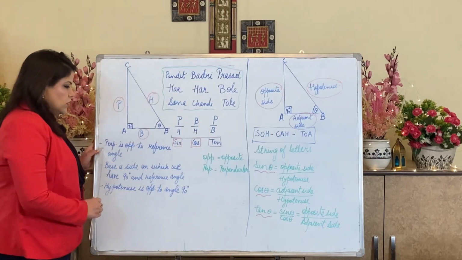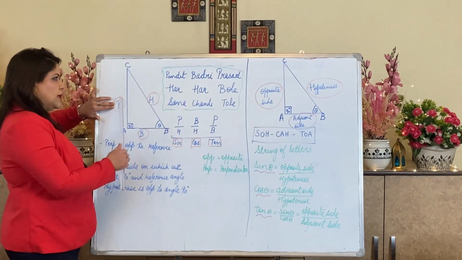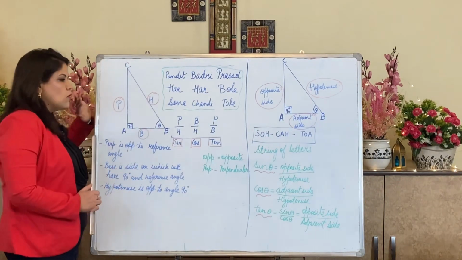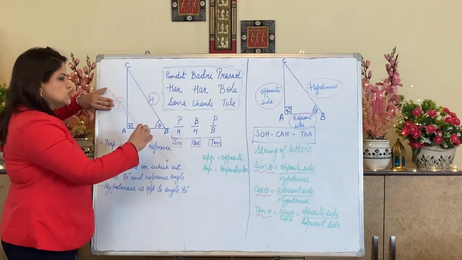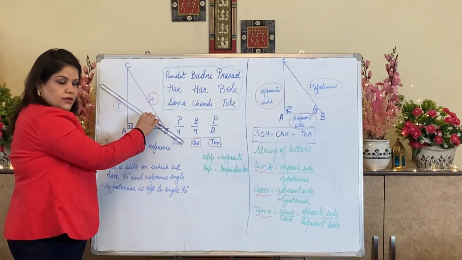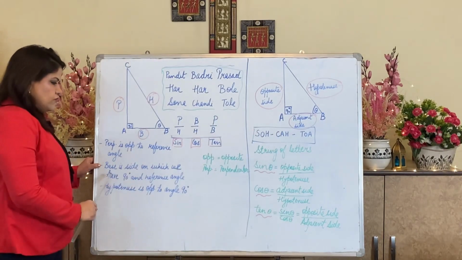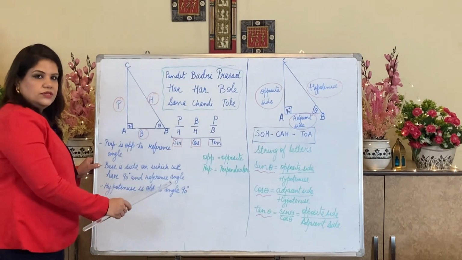Now, perpendicular is opposite to the reference angle. This is my perpendicular. AC is my perpendicular. Why? Because this side is opposite to my reference angle. Base is the side on which we have the 90 degree angle and the reference angle.